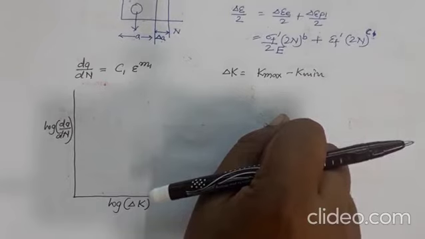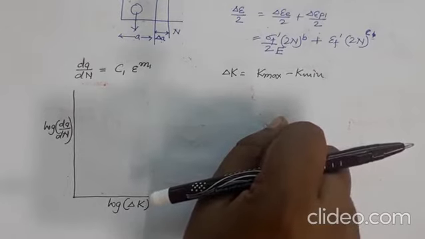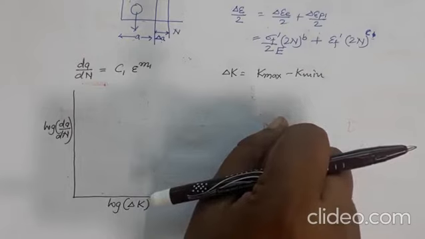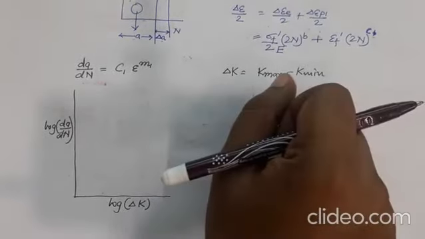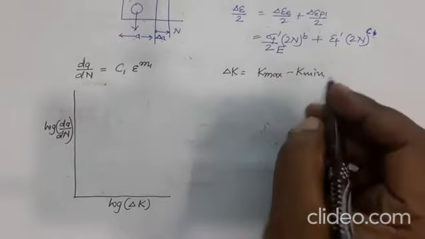That is what is called fail-safe design. We know that it is going to fail, but we want to be safe. We want to be able to predict that the failure will take this much amount of time.